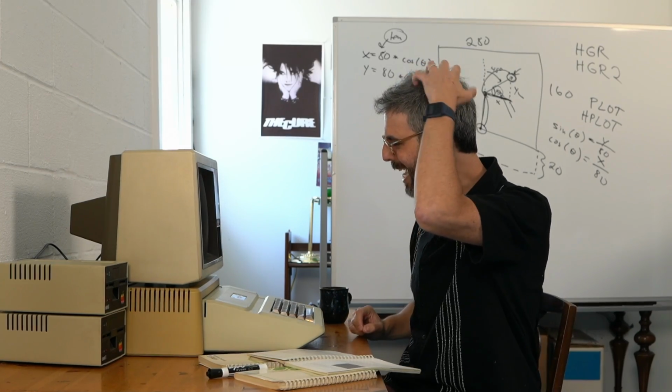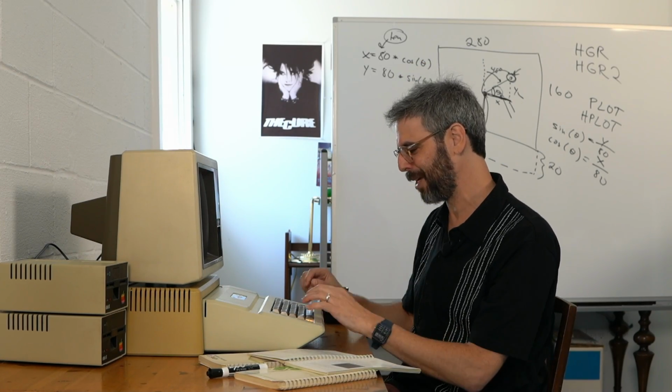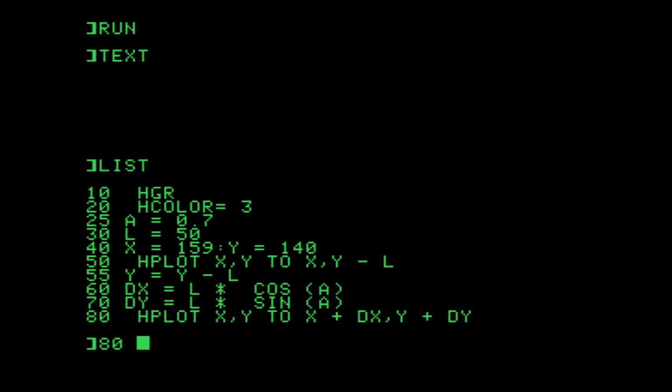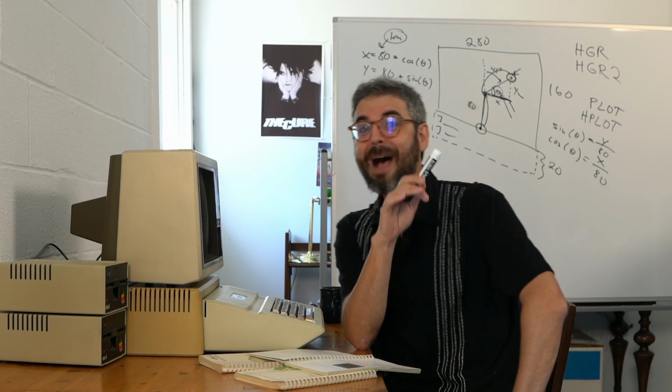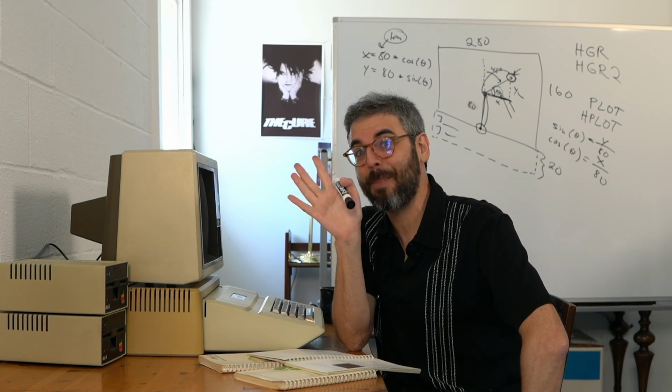So I think I can just invert what I'm doing with y and say h plot x, y to x plus dx, y minus dy. Much better. This looks like the beginnings of my tree. So now I have the math that I need for branching.